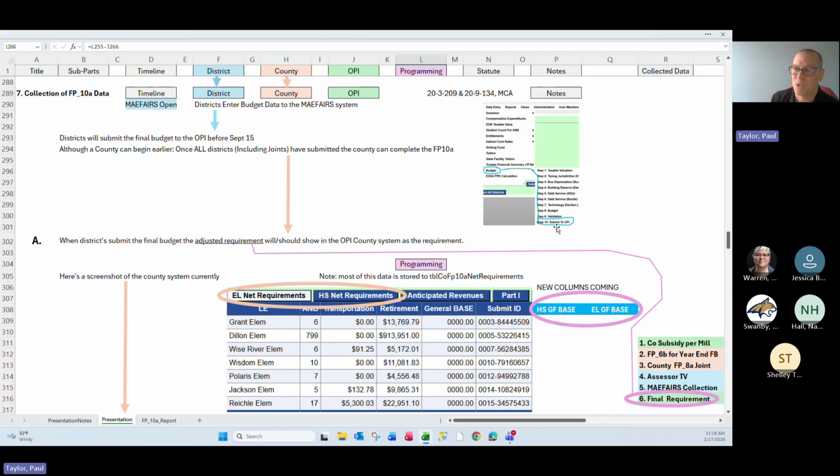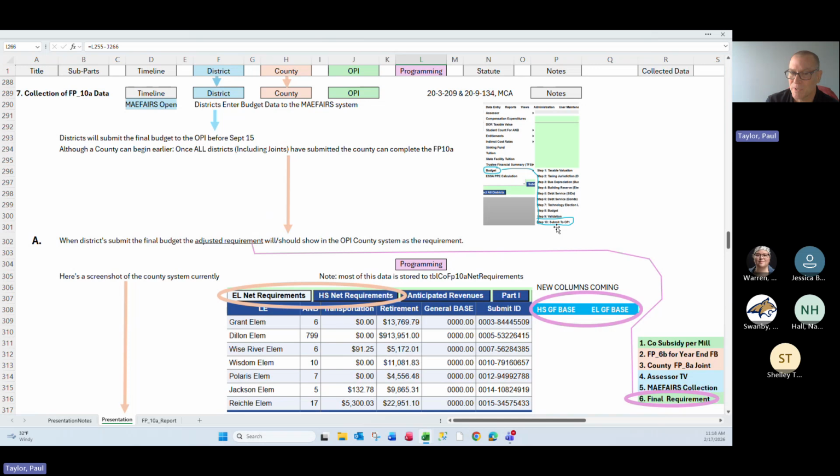After they hit submit to OPI, every page of the budget report gets a submit ID number on it. There's something else that happens when you hit submit to OPI.